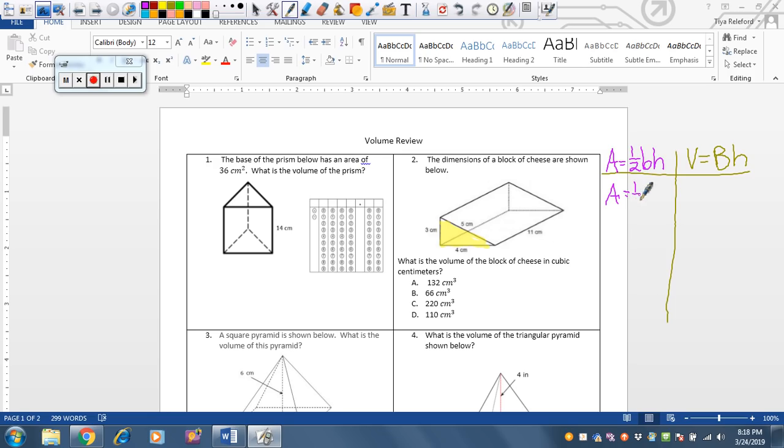Here's the trick. Which one of these numbers is the base? I'm only looking at the triangle. 4. And which number is the height? 3.